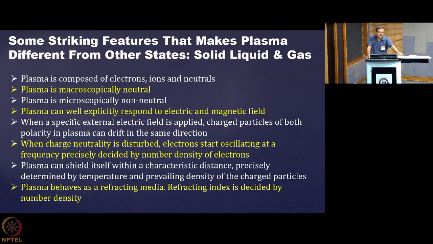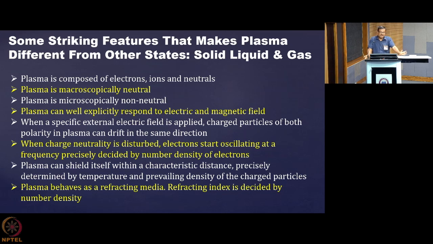Now, when charge neutrality is disturbed, suppose I am applying an electric field, then electrons are very light, so they will respond very quickly and they will move in a certain direction. But the ions are very heavy and sluggish, so they will not be able to move that fast. So there may be a momentary disturbance in the charge neutrality created in that region. Then what will happen?